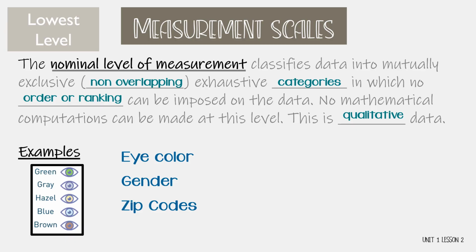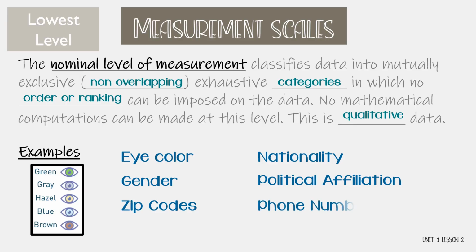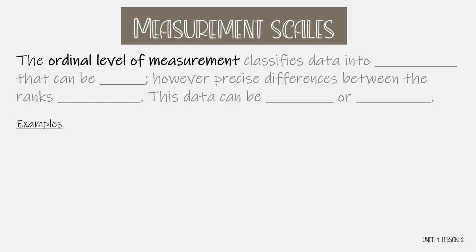Lugoff is a zip code, 29078. We're just a numerical label for our region. Geographical region, nationality, political affiliation, and phone numbers, because you can't calculate with phone numbers. That is a numerical name for the location of your phone or how to get in touch with somebody.